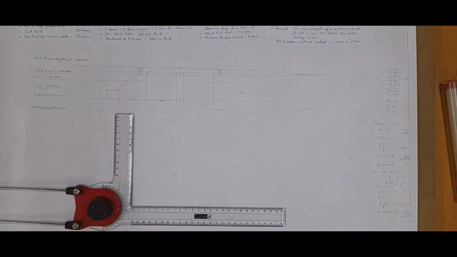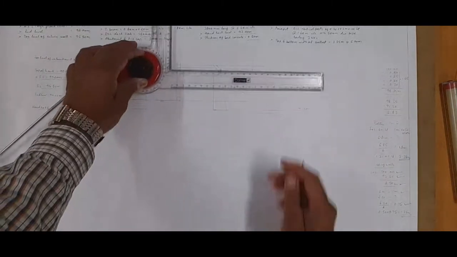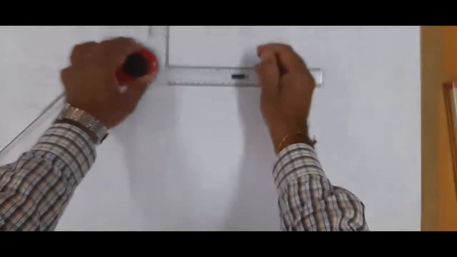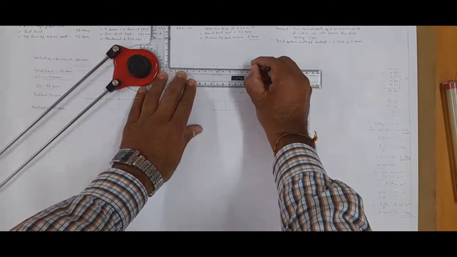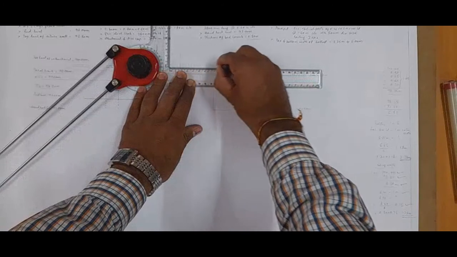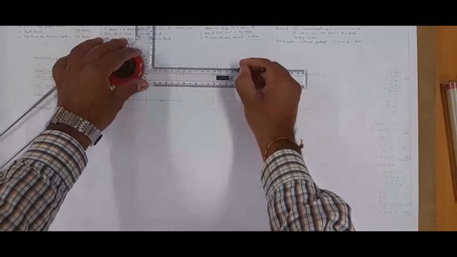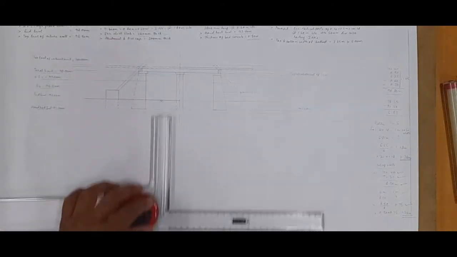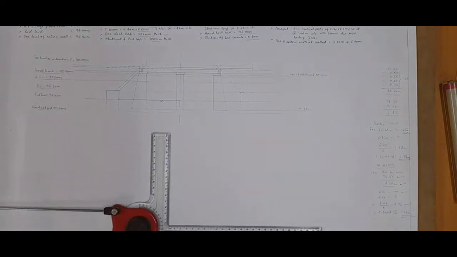On the left we have completed the flange. Similarly, shall draw on the right side now. Completed drawing flange on the right side.